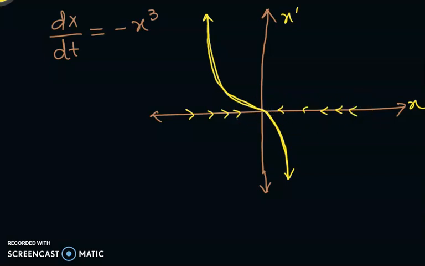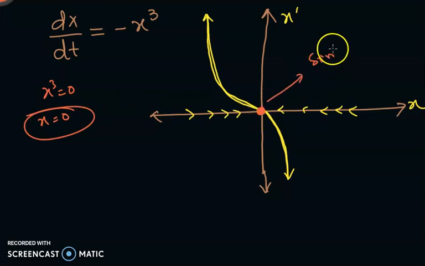In other words, the equilibrium point, which is x cube equal to 0, x equal to 0, is a sink, and hence stable.